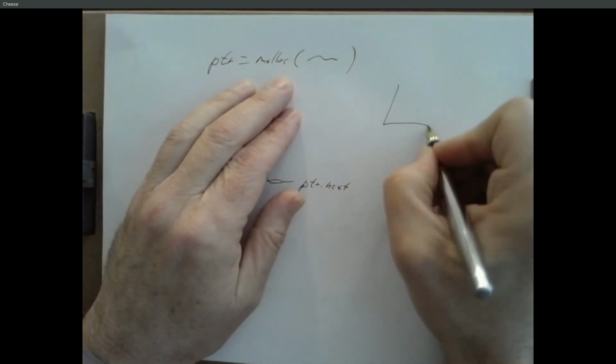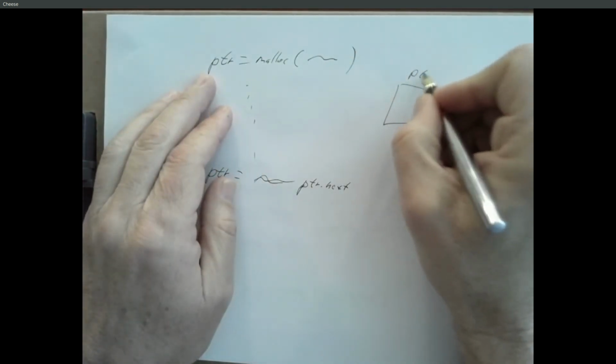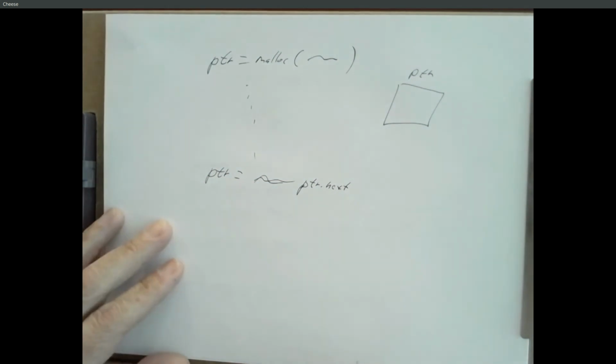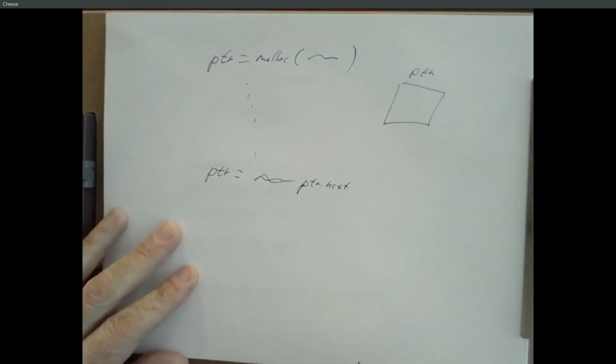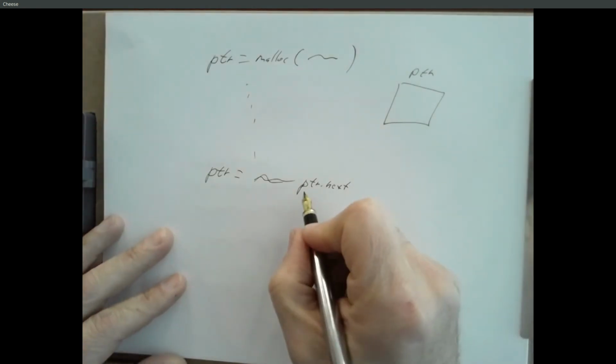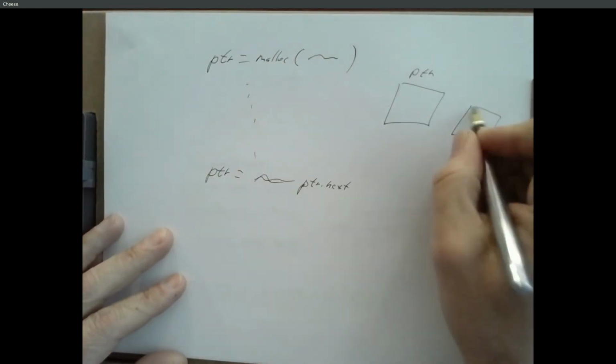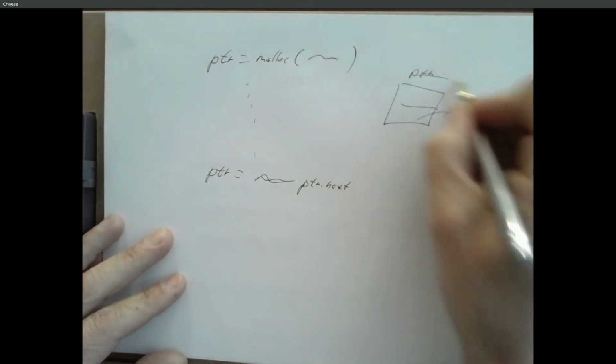Well, we had a block of memory that came out of malloc, and pointer was pointing to that. And then we said pointer equal to pointer.next.